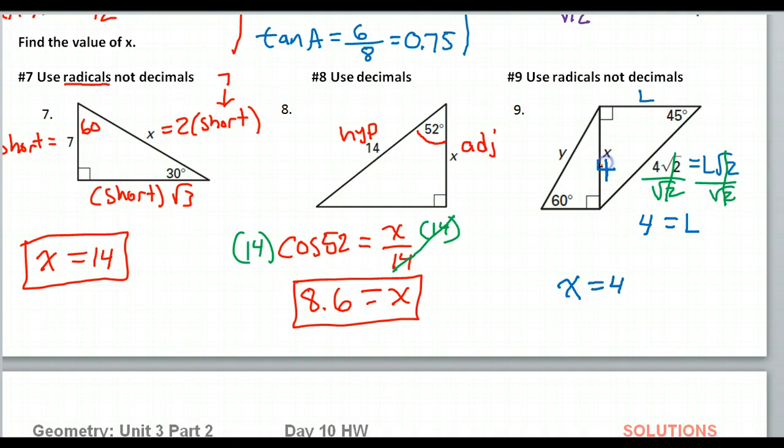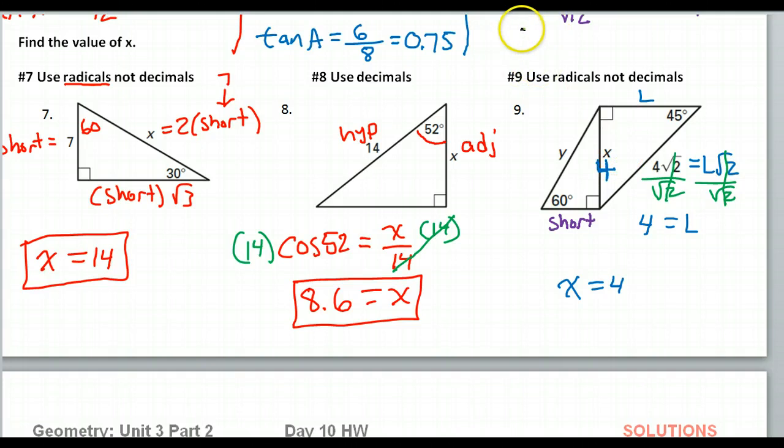Okay, so in the meantime, that means that this is 4. So now I can do the 30, 60, 90 triangle. Now remember the way those triangles work, it's all about the short leg. So this will be the short leg because there's a 30, it would be up here. But that means this is the long leg.